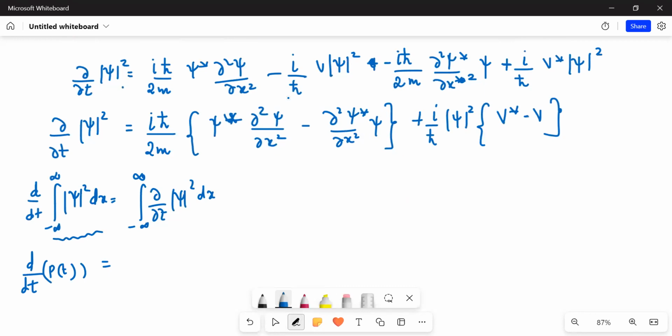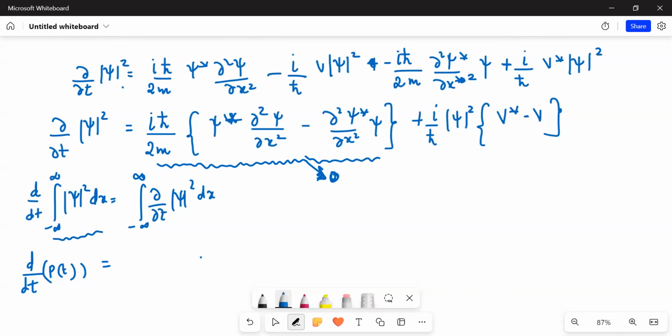I know that if I integrate this thing, I'll get 0. If I integrate this from minus infinity to plus infinity, I'll get 0. If you remember, this is something that we have done. What remains to be seen is this.